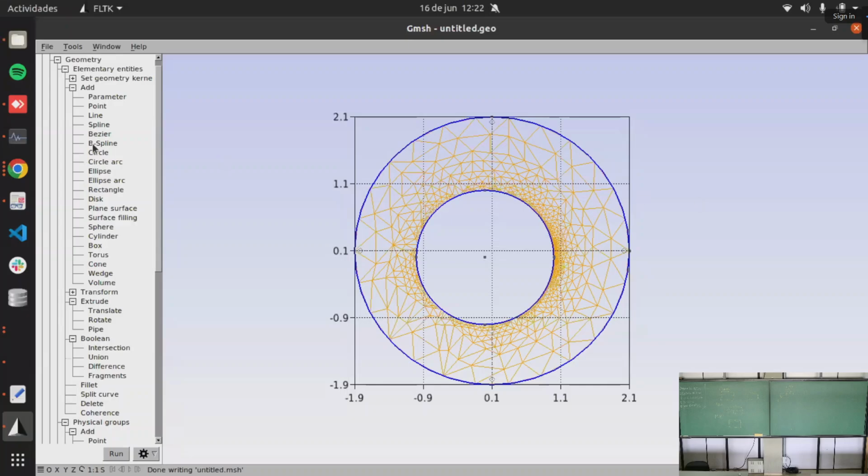And also here you have 3D entities like a sphere, cylinder, box, torus, cone, etc. And you can perform the volume in the same way that we perform the plane surface. So if you want to add all the points and after that create a volume, the procedure will be the same. Create the point, create the lines, and after that create the volume.